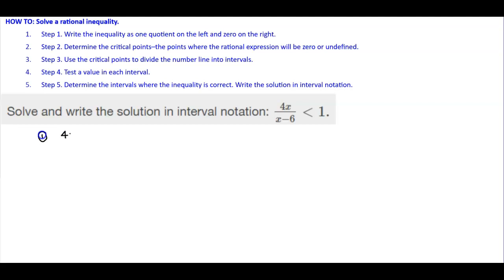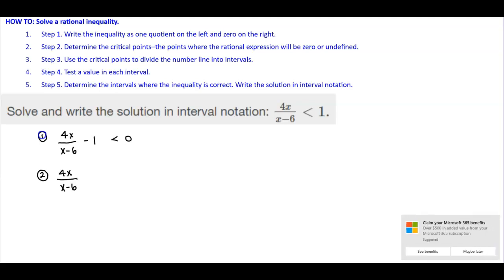The first thing we want to do is subtract 1 from both sides. So this becomes 4x over x minus 6 minus 1, and that's going to be greater than 0. Now we need to combine these two fractions. What is the LCD between x minus 6 and 1 over 1?